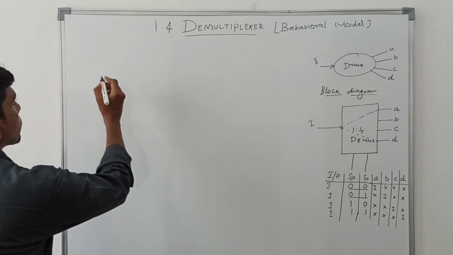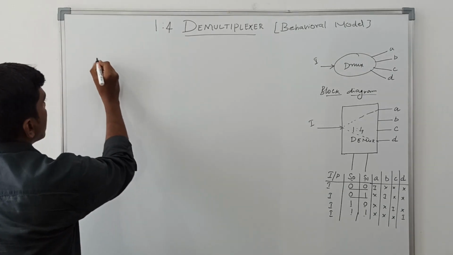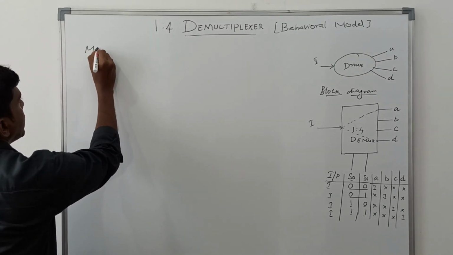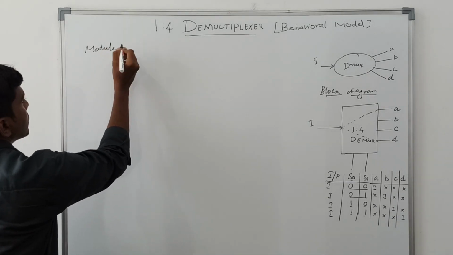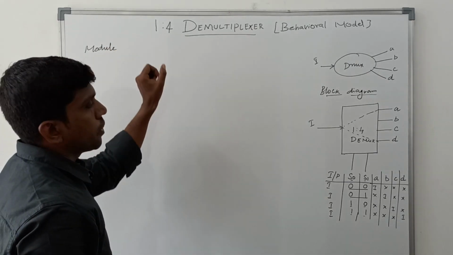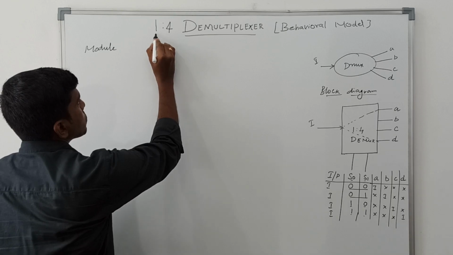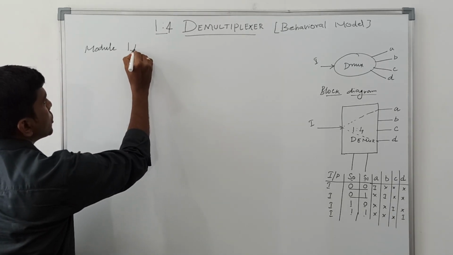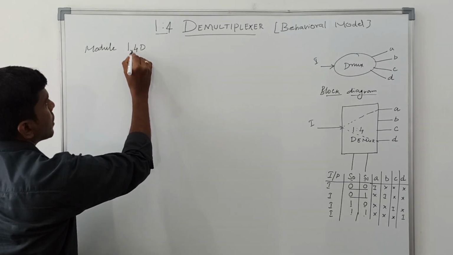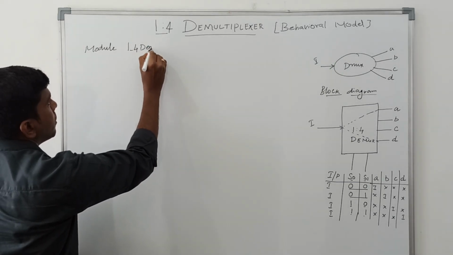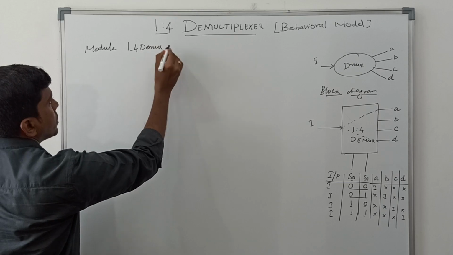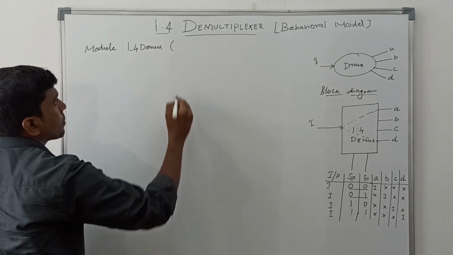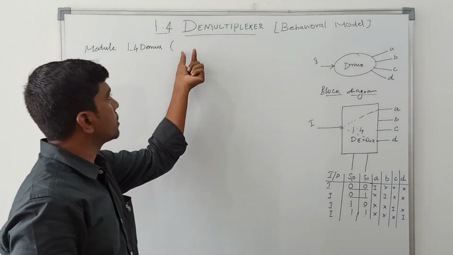So let me write the program for the 1:4 de-mux. As usual, first you write module, then declare the module name. Here the module name is 1-4 de-mux. After writing the module name, you declare the variables.